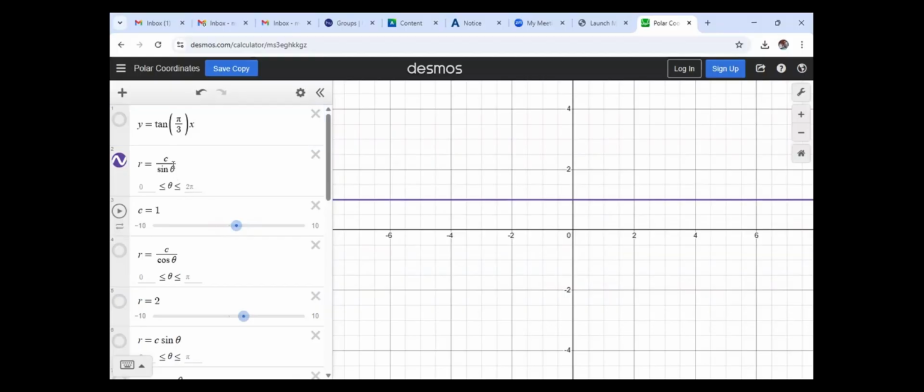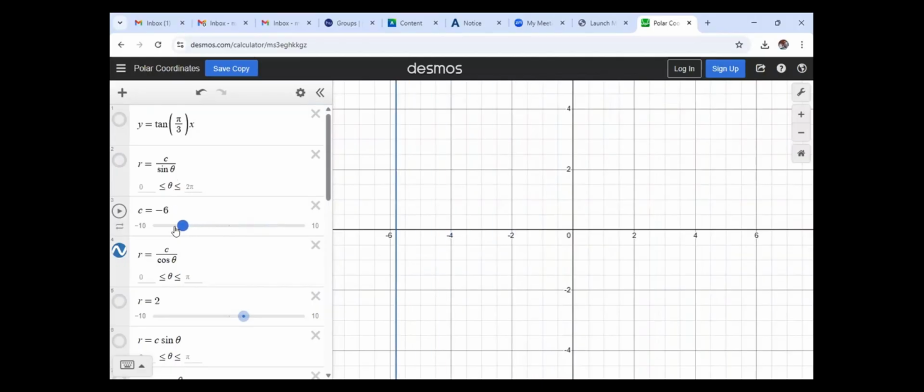So a number over sine gives us horizontal lines. If we're going to do vertical lines, instead of using sines, we use cosines because r times cosine is x. So we multiply that over, we get x equals something. And as you see with the graph, as we move it left and right, we get our vertical line.